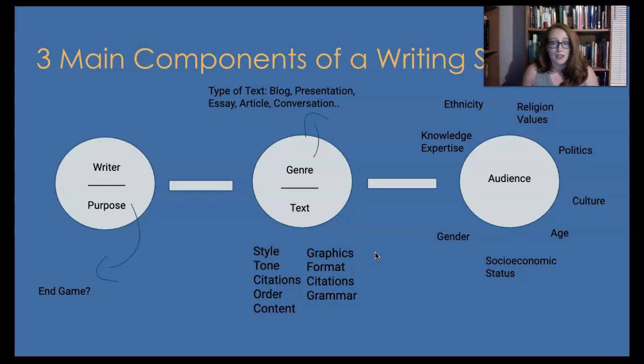Is this supposed to be super objective? Can you use I, personal experience? Is it acceptable? What is your citation style going to be? What's the order of ideas that's most expected? It might tell you content, like, here's what you use this genre to talk about, here's what you include. Graphics, format, how it looks. Citations. Oh, I said that twice. Haha, citations. And then grammar. Grammar rules can vary a little bit depending on the genre, and we'll talk about that a little bit more.